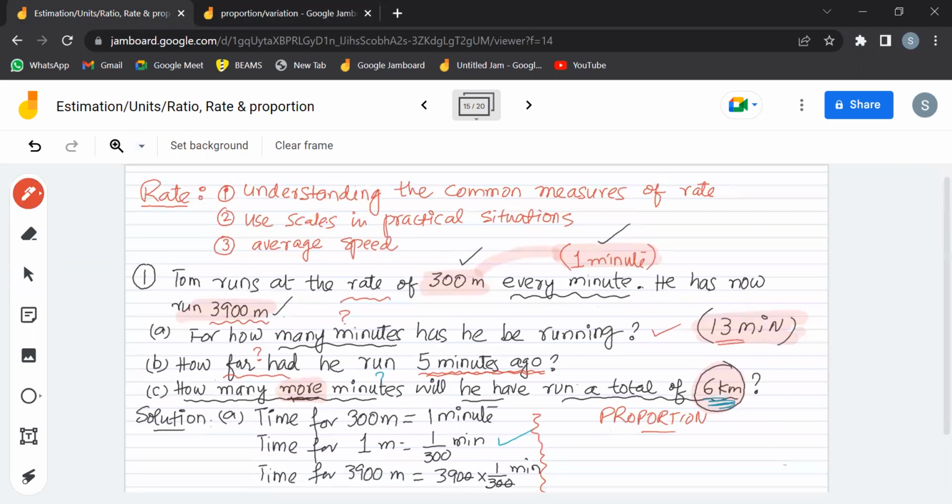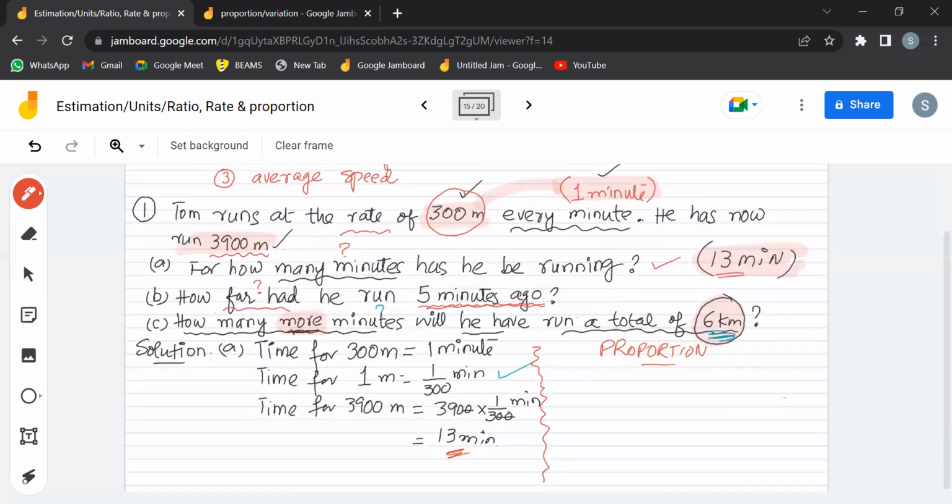The question was: Tom runs at a rate of 300 meters every 1 minute, and how many minutes? So this is part A, the alternate solution. The answer we know is 13. Let us find this answer by using the proportion concept. Here I can write two categories.